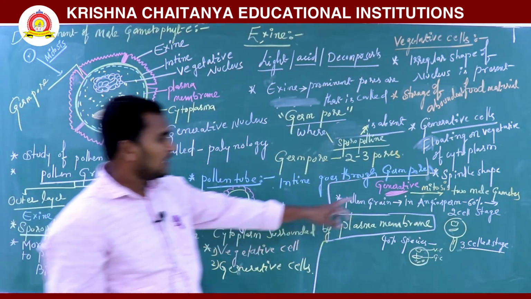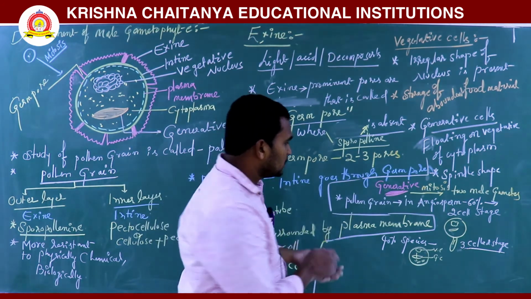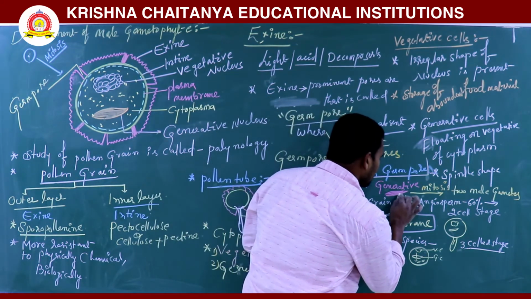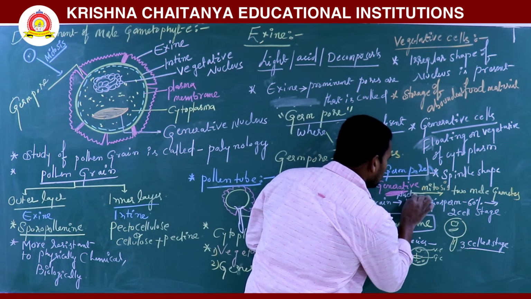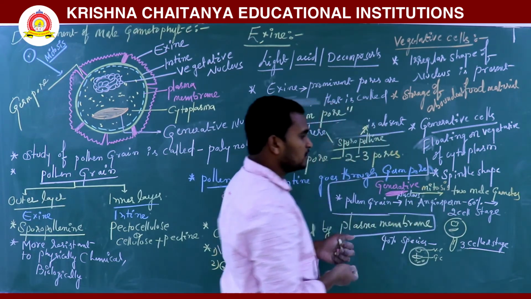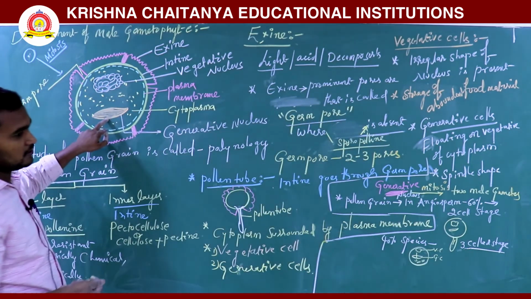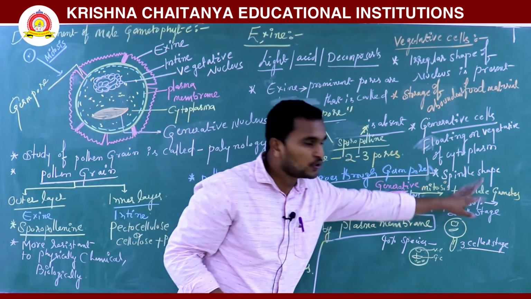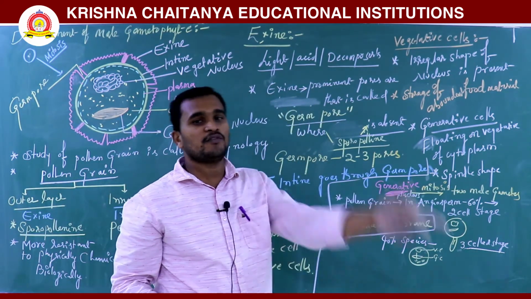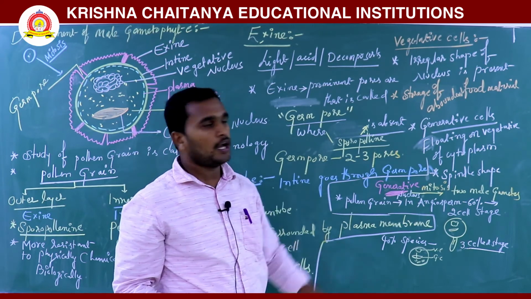Here, the generative nucleus by mitosis produces two male gametes, and those male gametes are fused with the egg cell and polar nuclei.